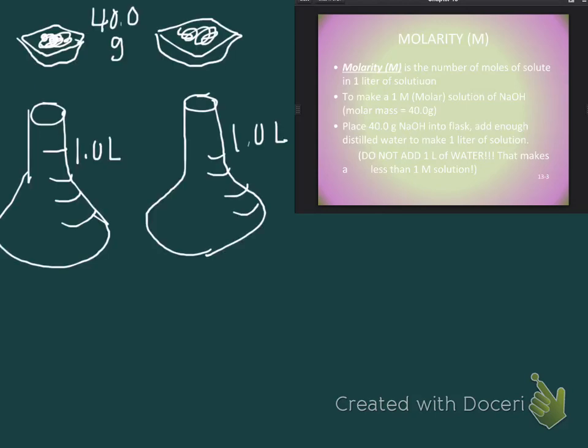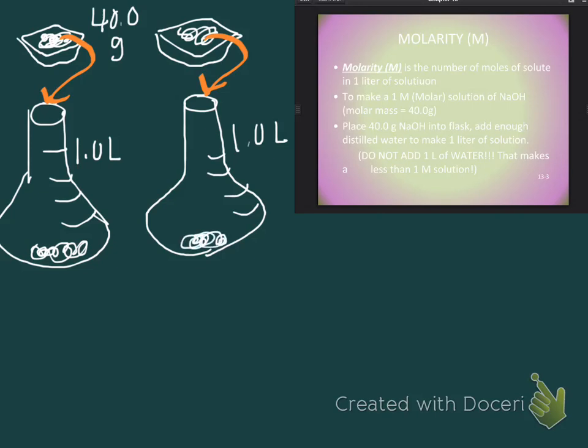I've got 2 Erlenmeyer flasks. I have 2 little massing boats with 40 grams of sodium hydroxide in it. I'm going to put the sodium hydroxide into each of the Erlenmeyer flasks. So now I've got my 40 grams of sodium hydroxide in the bottom of each flask.